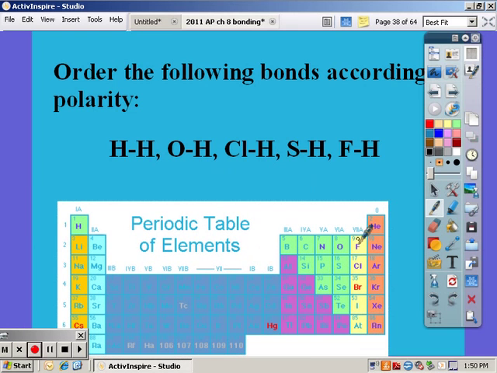So looking at the periodic table, you need to know that fluorine's a 4, oxygen is a 3.5, so notice it goes down by 0.5, nitrogen is a 3, carbon is a 2.5, and boron's a 2. So you can memorize those values.